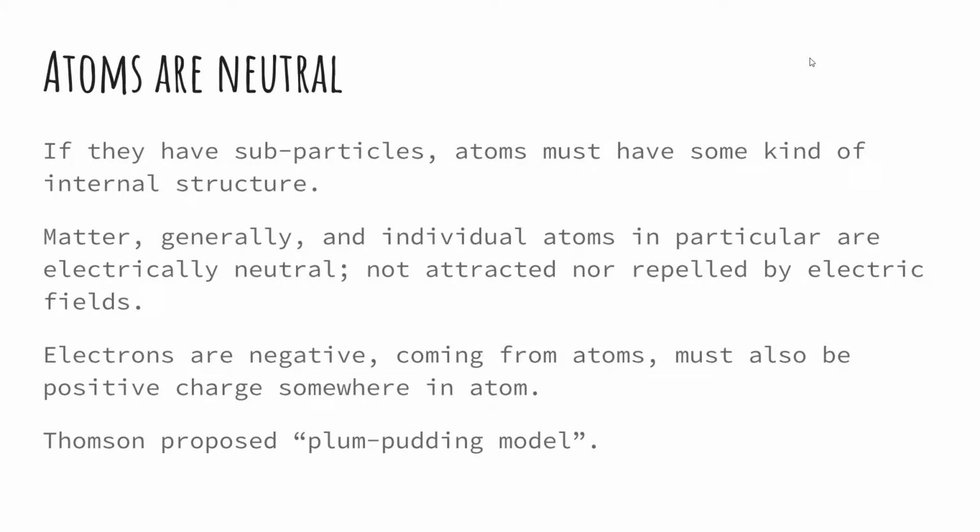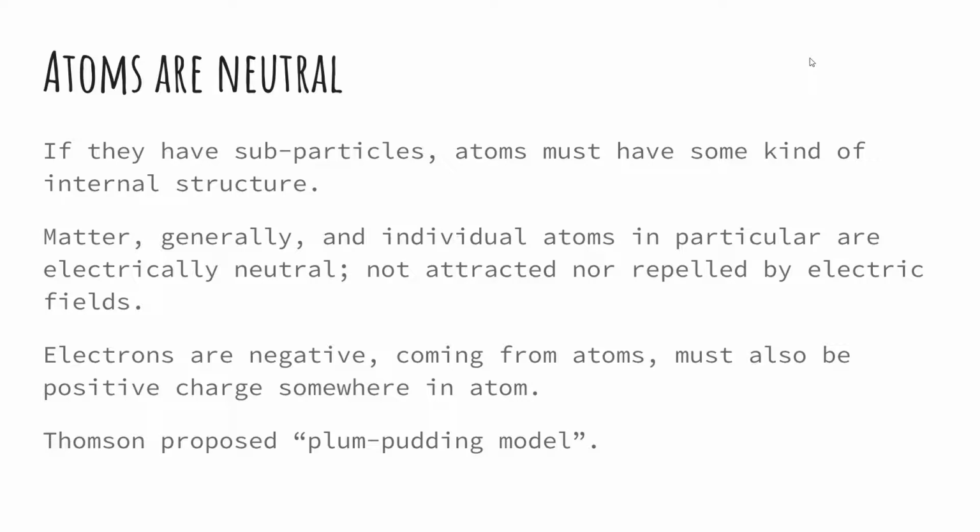If atoms have subparticles, then they must have some kind of internal structure. That was one thing they knew, but they didn't yet know what that structure was. Another thing that they knew is that matter generally, and atoms in particular, are electrically neutral. They don't have charge. They're not attracted to nor repelled from electric fields.